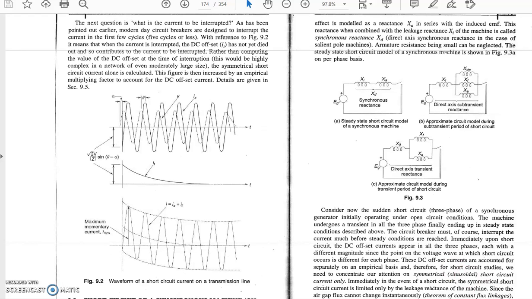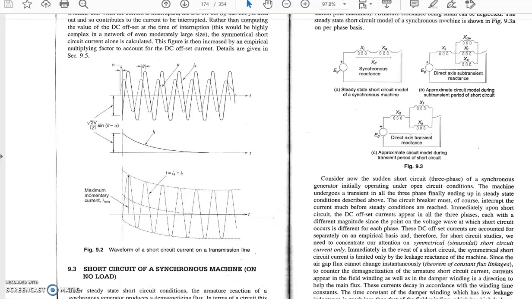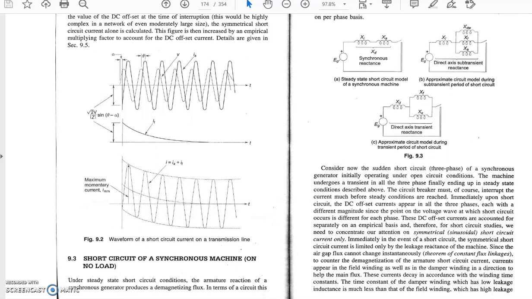As the sudden short circuit occurs, the transient appears in all three phases, and since the air gap flux cannot change instantaneously, to counter the demagnetization of the armature short circuit current, current appears in the field winding as well as in the damper winding.